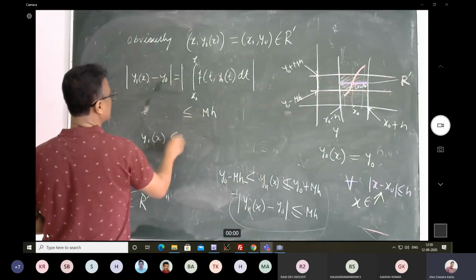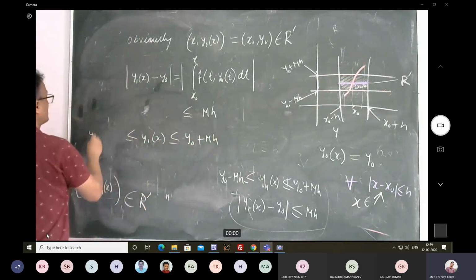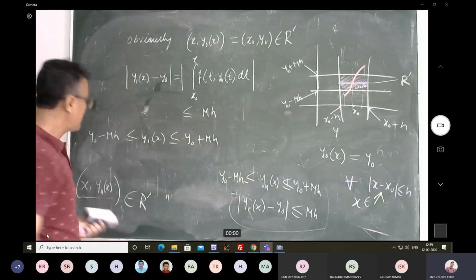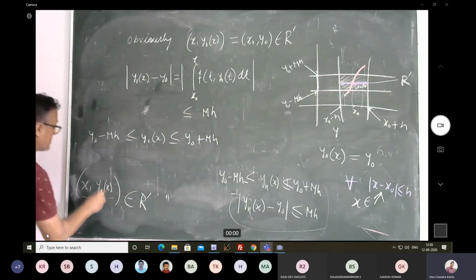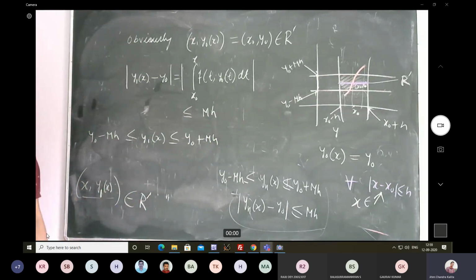So basically this is y naught plus m x, y naught minus m x, right? So that means the point (x, y1(x)) is going to belong to R prime.